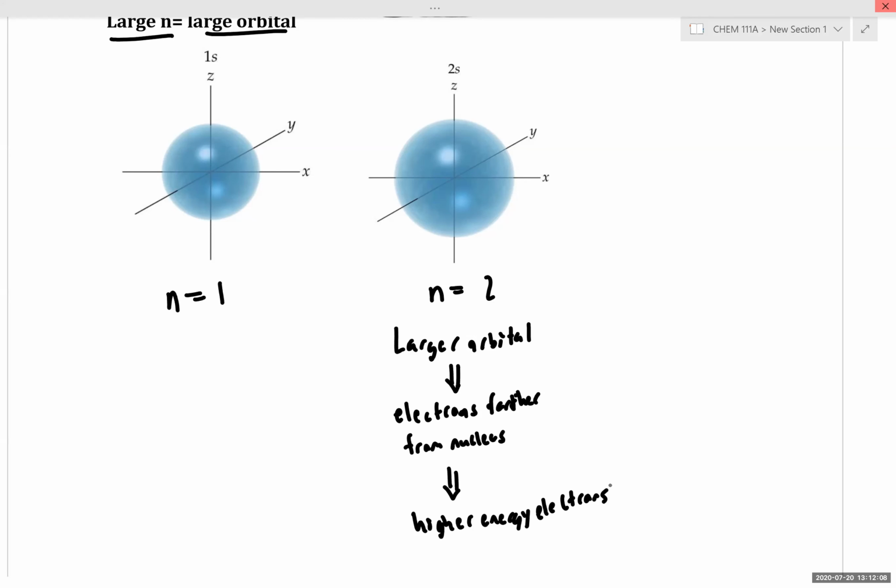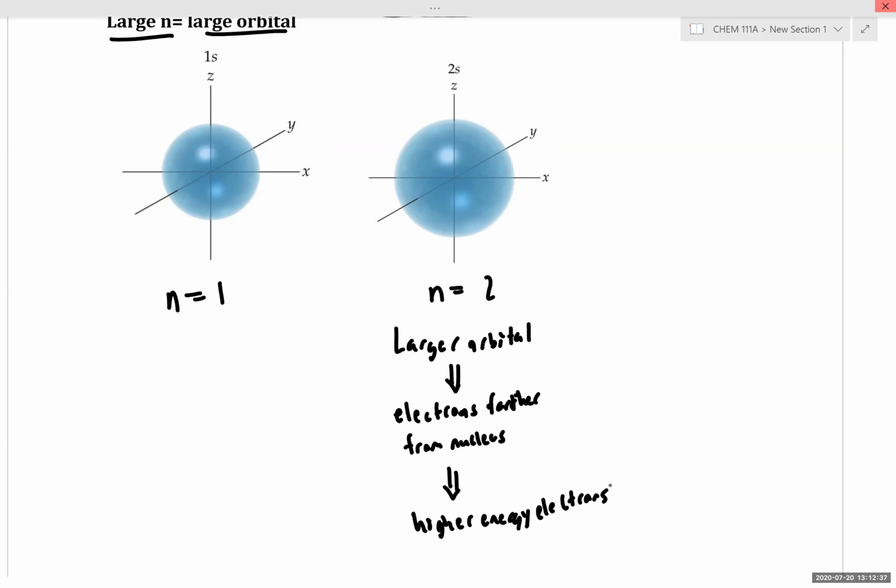And the octet rule also is describing bonding, which is the sharing of electrons via orbital overlap. That is a little bit more of a complicated process from an orbital perspective. In bonding, you're actually overlapping and hybridizing orbitals and then overlapping those hybrid orbitals to share electrons and form bonds.